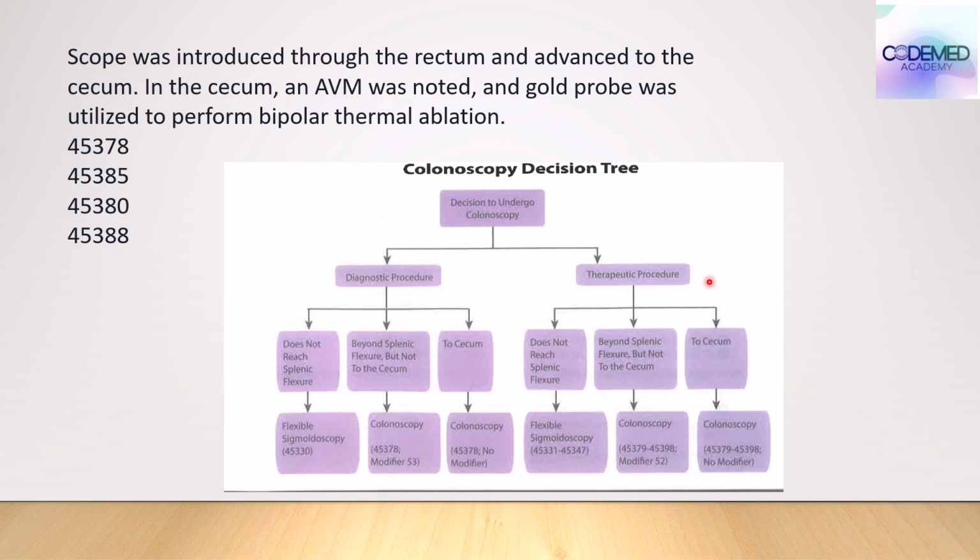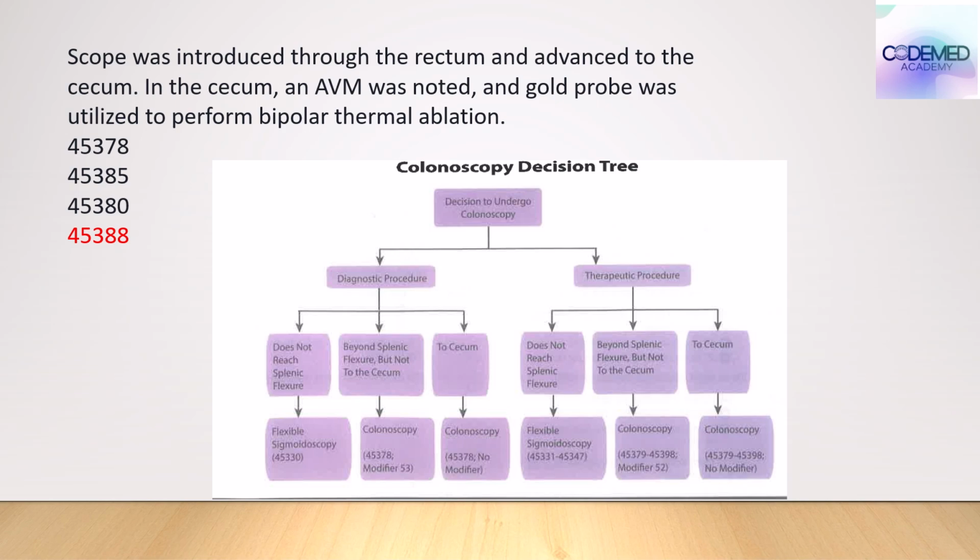This is a thermal and therapeutic colonoscopy, and if you see here they have given the code range 45379 to 45398. So we'll be looking for the code from this category, and in that 379, so 378 goes away because it is mainly for the diagnostic, and between 385, 380 and 388 will zero down our answer.